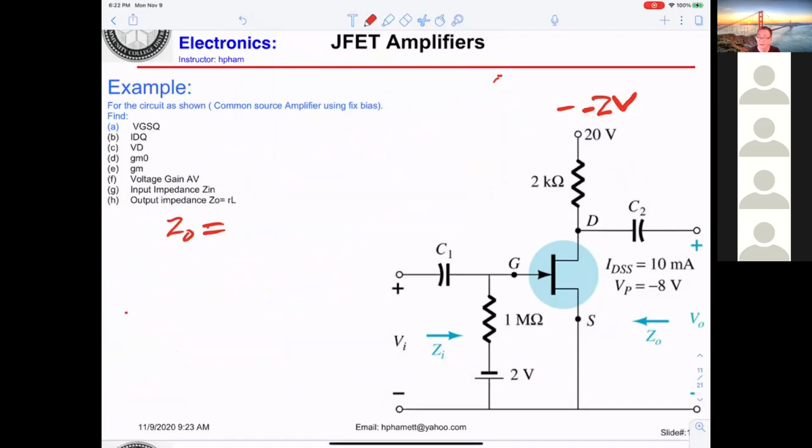We calculate AV later, but we want to calculate GL, the output impedance. Is it 2K? It's not the value of RD now that we lost RL. Since there's no load, it should be equal to RD, right? Perfect. Yes, the thing is they have no load.